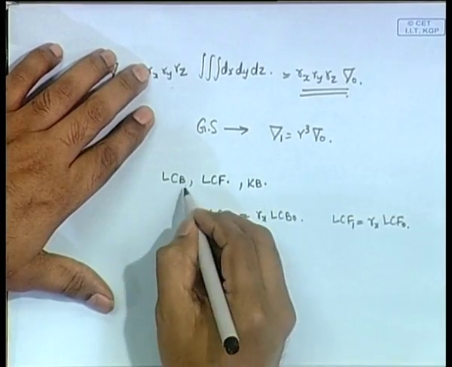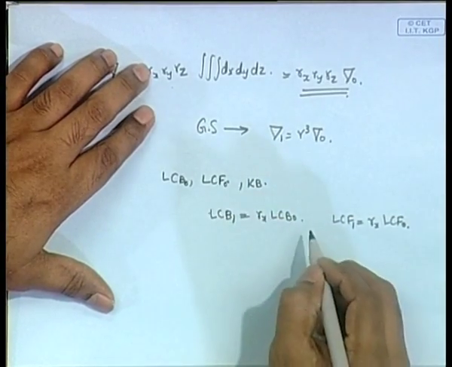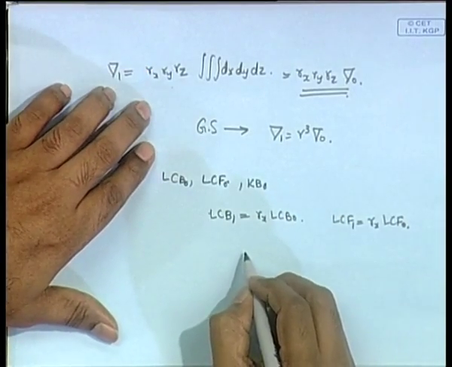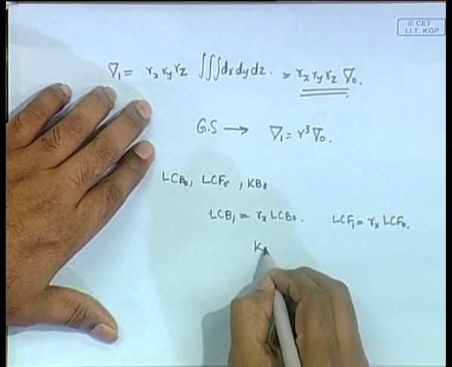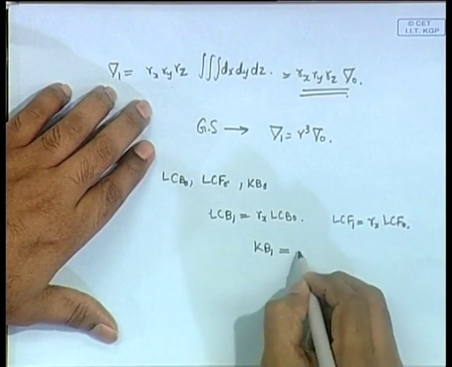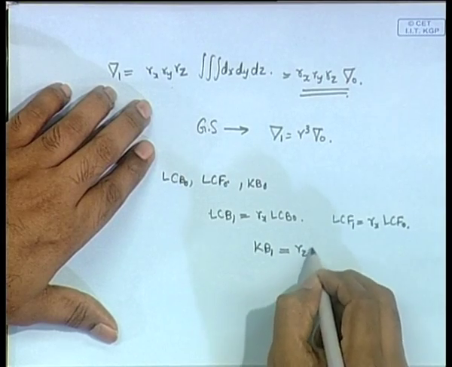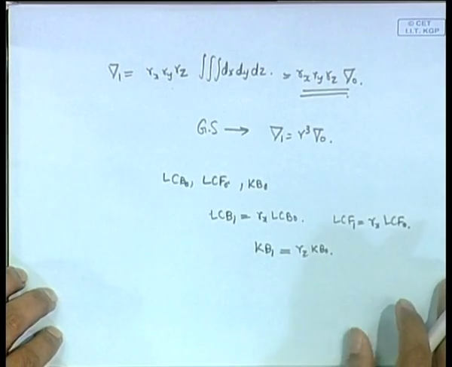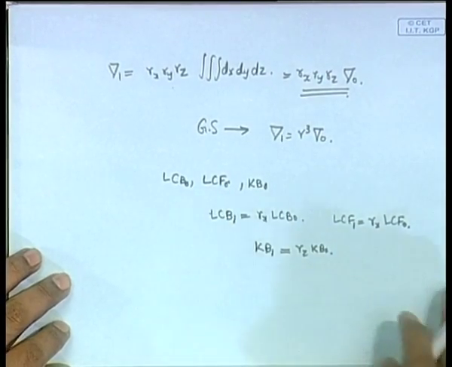If LCB0, LCF0 and KB0 are those of the big ship, what do you think KB1 will be? r z into KB0. Our intuition, a good guess, would tell you that it is like this.